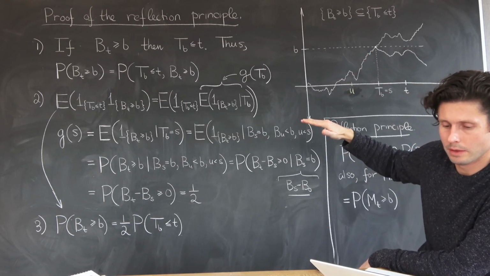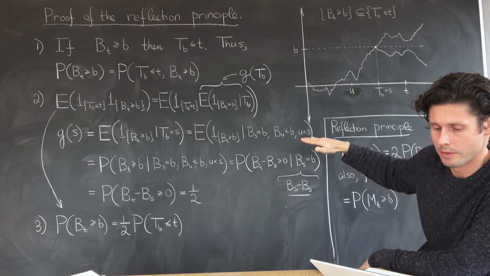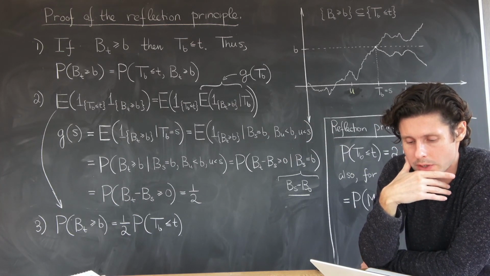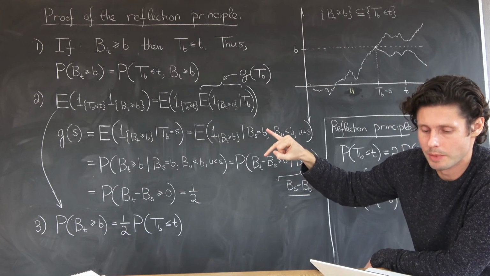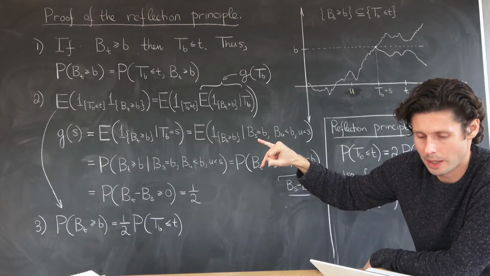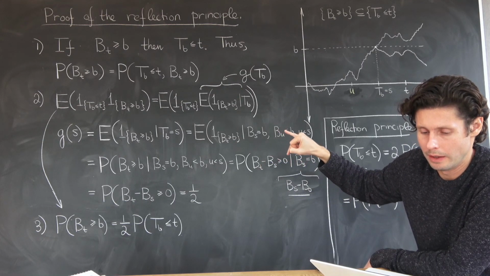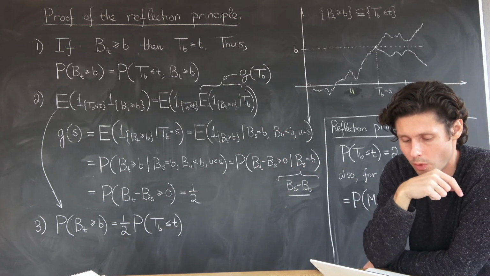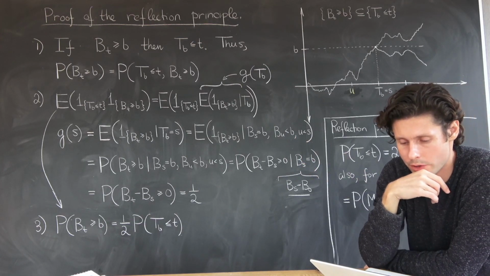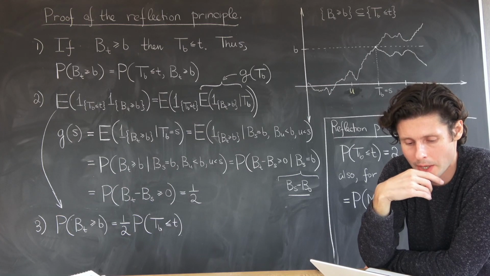And these three statements basically encapsulate the definition of the first hitting time. It has to be at the level b at the actual time s, and every single value before has to be strictly below that level, meaning it's the first time that we hit the level b.